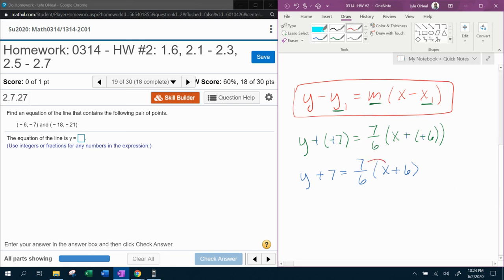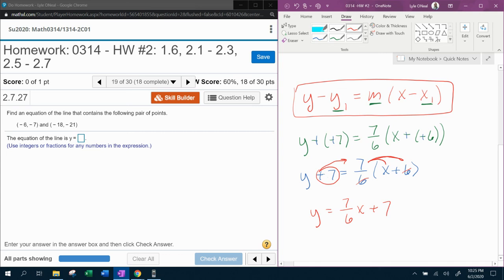And so that means I need to distribute the 7/6 and then bring the 7 over. So here we go. 7/6 times x, that's going to be 7/6 x. 7/6 times 6. Now these 6's are actually going to cancel and leave me with just a 7.